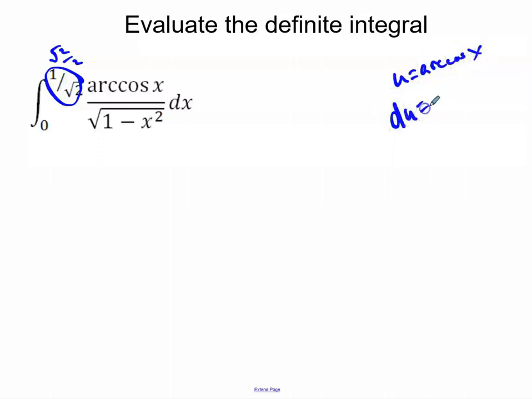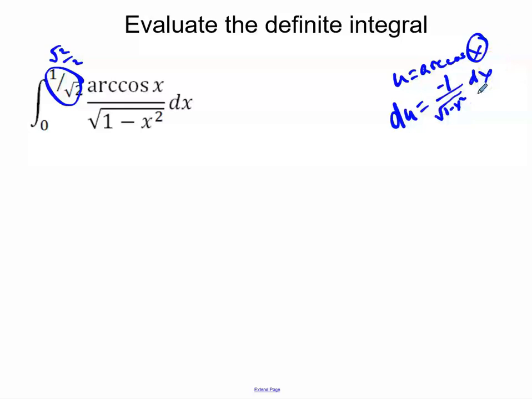Then for my du, I'm going to have to take the derivative of arc cosine, so we go back up to our derivative rules, number 20, and it's going to be negative u prime. In this case, it's just an x on the inside, so negative 1 over the square root of 1 minus x squared dx.